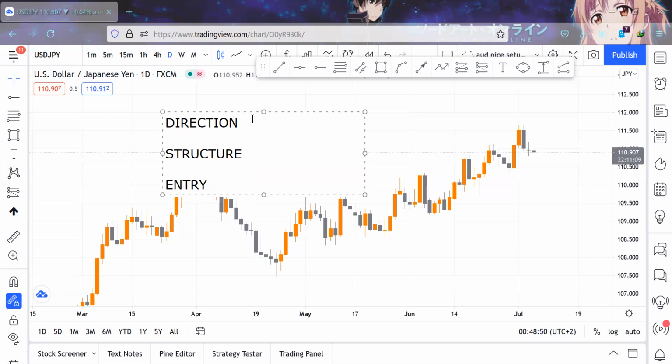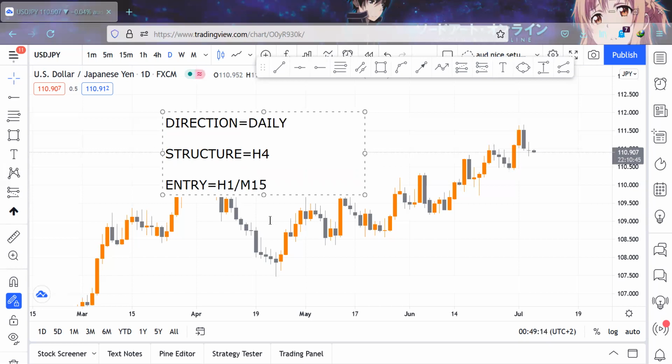Now, on the direction timeframe, I generally like to use the daily timeframe, right? On my structure, I like to use the 4-hour timeframe, whereas on the entry timeframe, I like to use the 1-hour timeframe or the 15-minute timeframe, right?